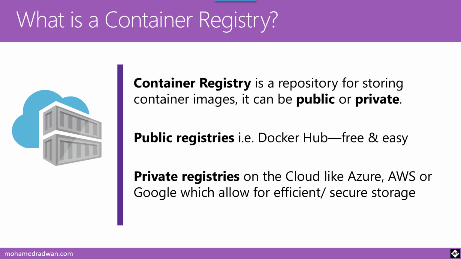Or a private registry on the cloud, like Azure Container Registry, or AWS or Google, which allow efficient and secure storage for my images. A container image includes my application, and no company would prefer to store its application on a public registry.